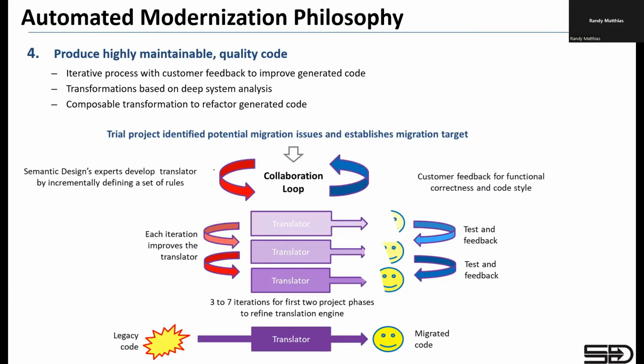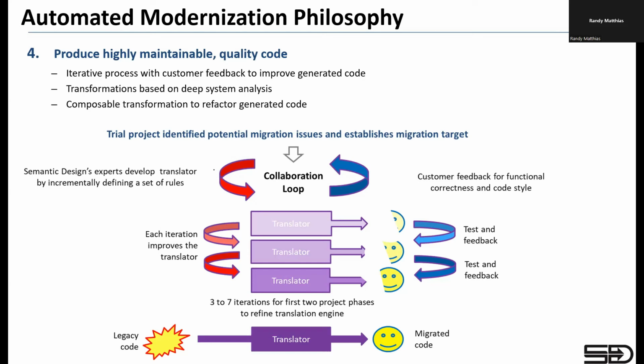Lastly, and most importantly, this flexibility to customize and configure DMS means we can produce very good quality, highly maintainable code. The iterative process allows our customers to provide feedback on the generated code.